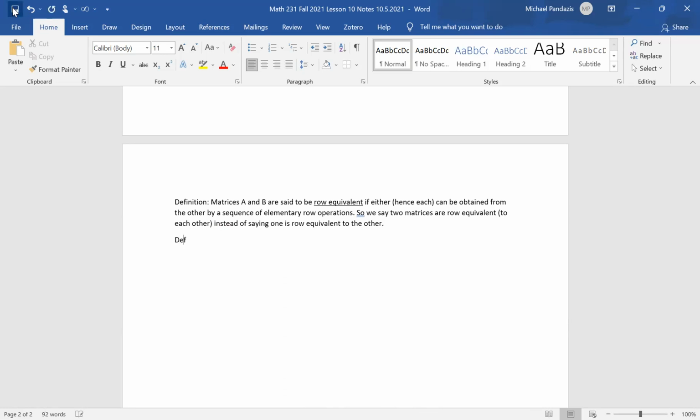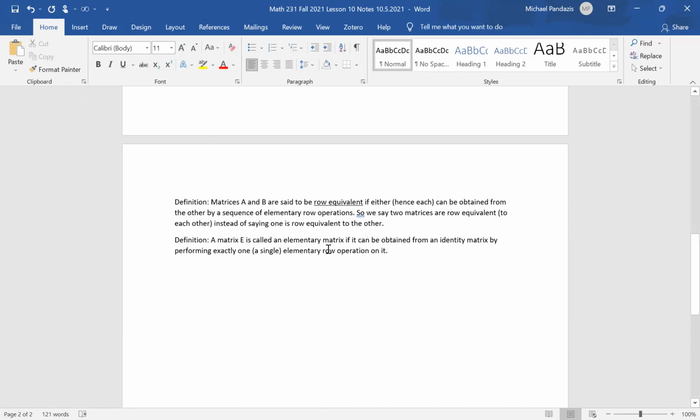Okay, another definition. A matrix E is called an elementary matrix if it can be obtained from an identity matrix by performing exactly one, or a single, elementary row operation on it, meaning on the identity.